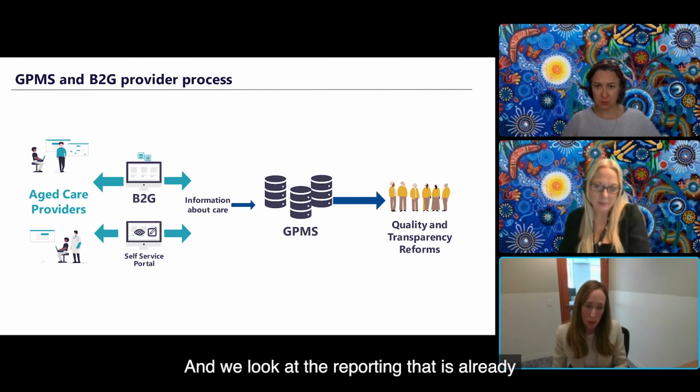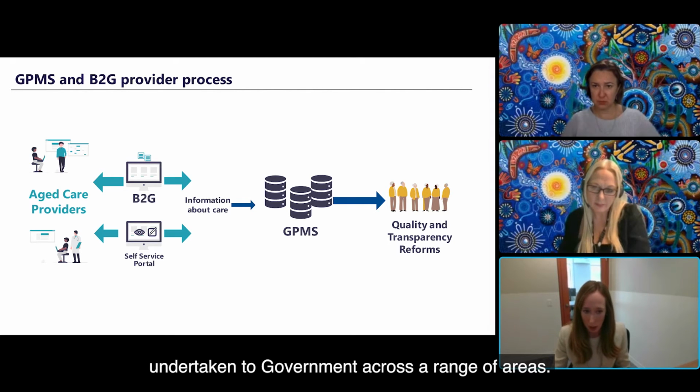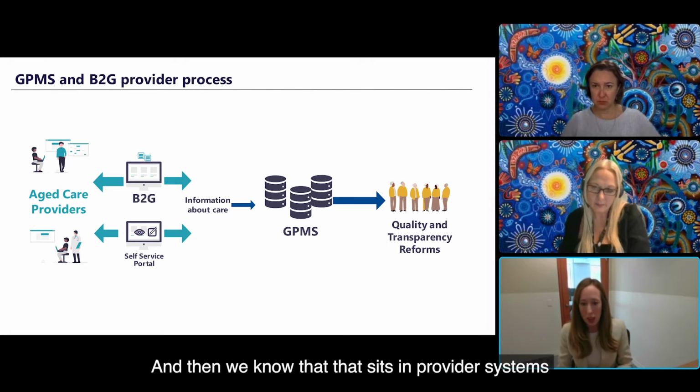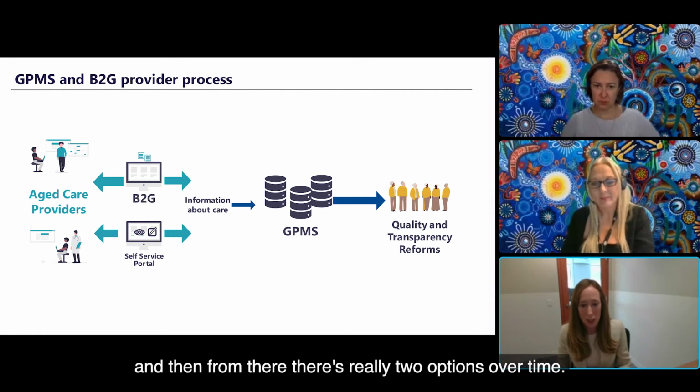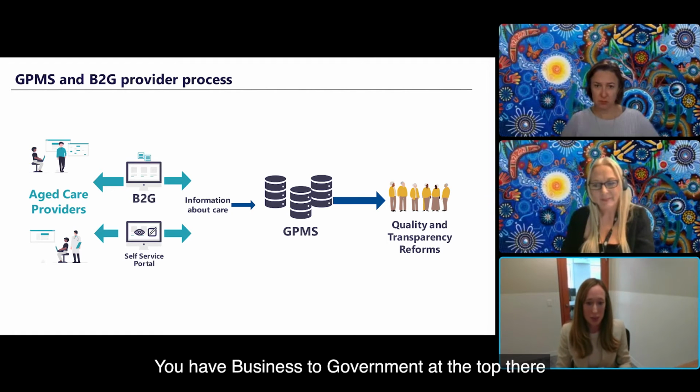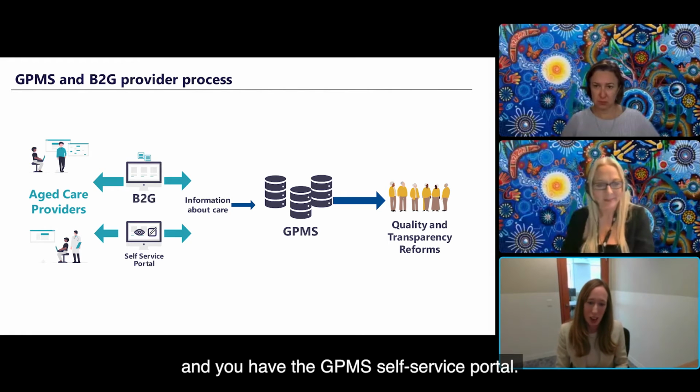And we look at the reporting that is already undertaken to government across a range of areas. And then we know that sits in provider systems. And then from there, there's really two options over time. You have business to government at the top there, and you have the GPMS self-service portal.